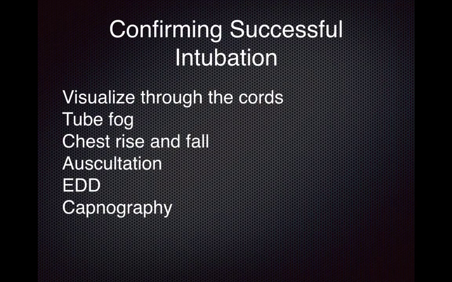See good chest rise and fall on ventilation, good auscultation, and 4 good fields of the lungs, right? So again at the apices and then at the bases. And then I'm still a big fan of the esophageal detection device, or the EDD, or the turkey baster, or the bulb, or whatever you want to call it, and then the capnography.